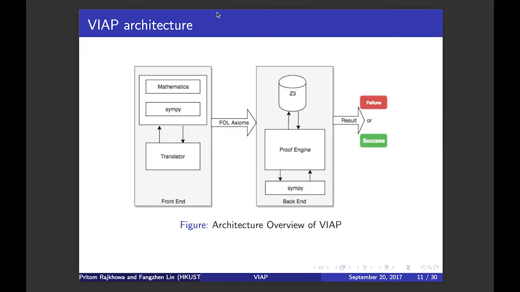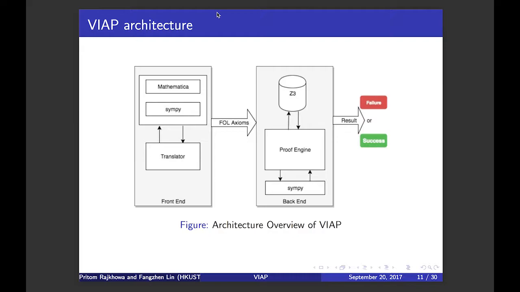Here is the architecture of Z3. The front end accepts the program as an input, then translates it into first order axioms. Then it will try to solve a number of recurrences if possible using tools like Mathematica and SymPy.